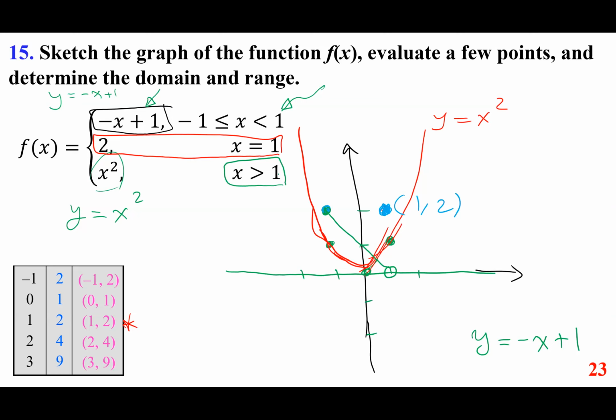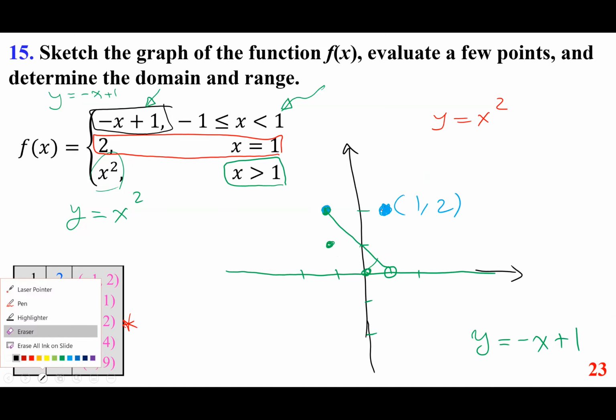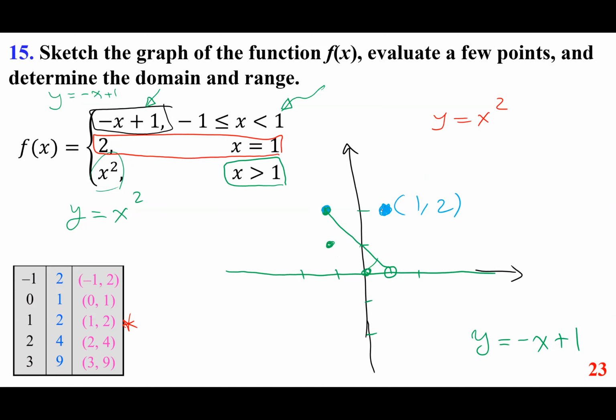So for the x squared, let me erase it. With the red one. It starts from 1, so that means from here goes up. That's the meaning of it.